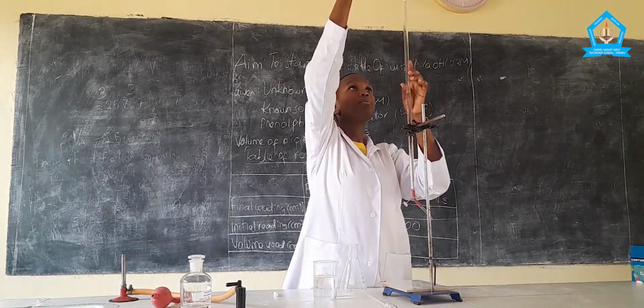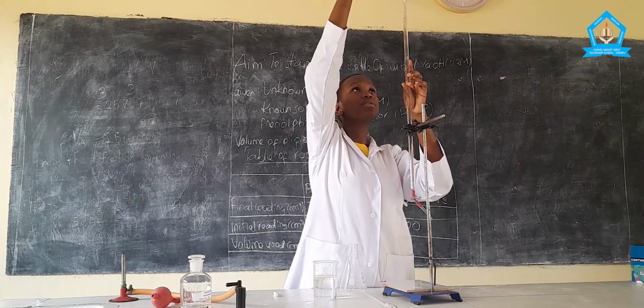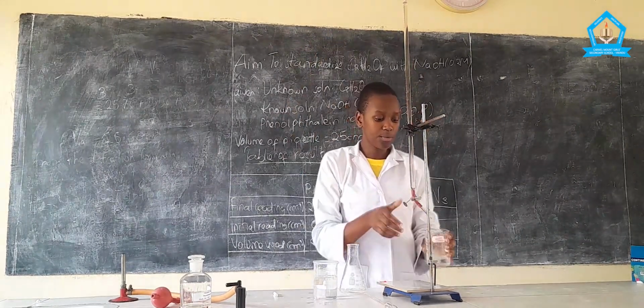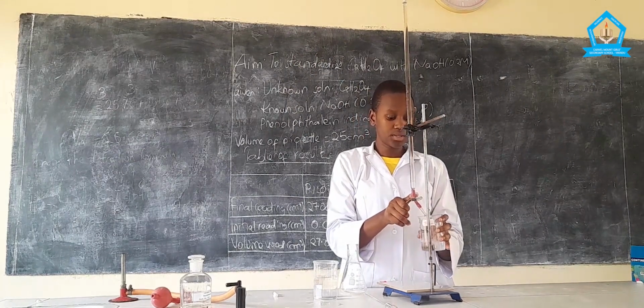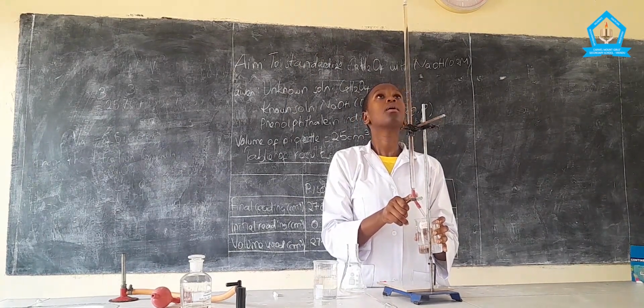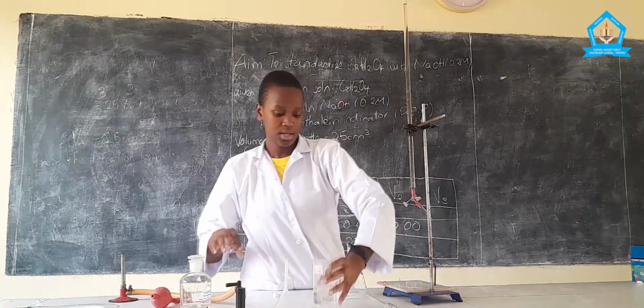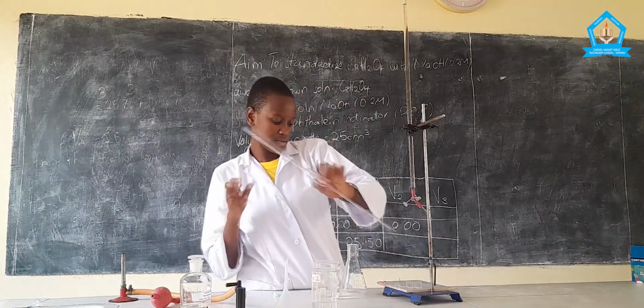After filling the burette, we have to remove the burette filler in order to prevent excess drops from the filter going into the burette. As you can see, I'm removing it, and the other procedures follow.